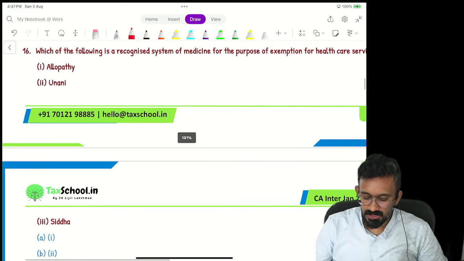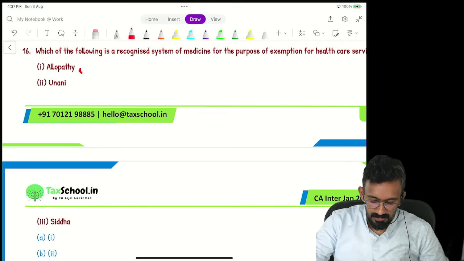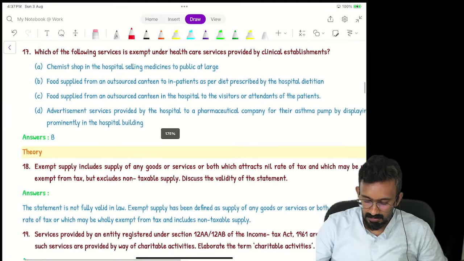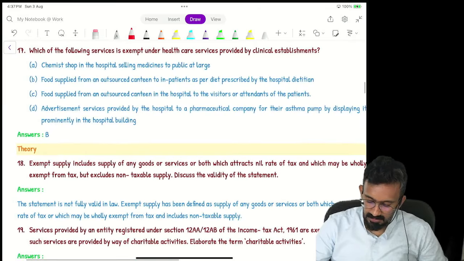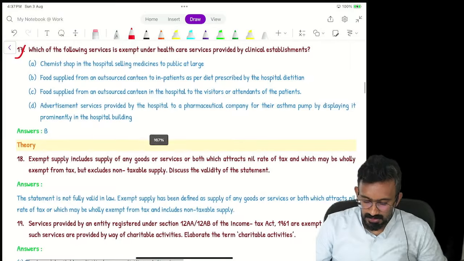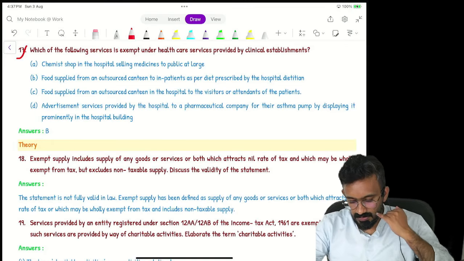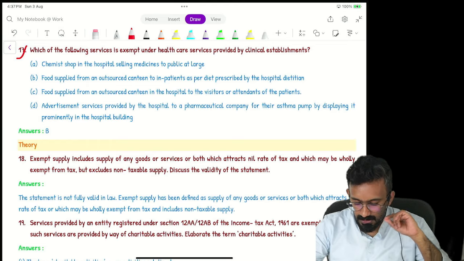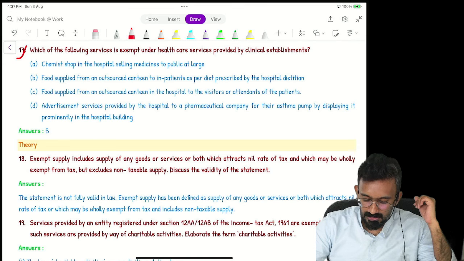Which of the following is recognized system of medicine? Allopathy, Unani, Siddha, all of them. Look at question 17. Which of the following services is exempt under healthcare services provided by clinical establishment? Chemist shop in hospital selling medicine to public at large. Taxable.